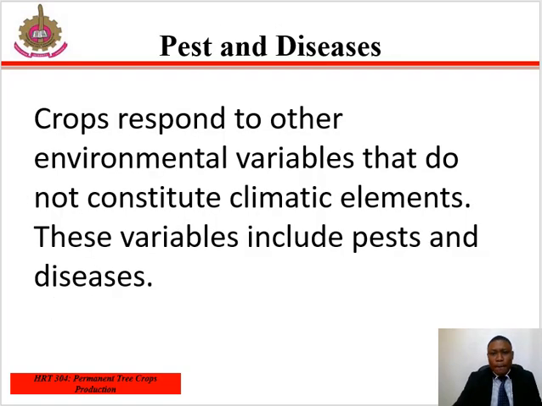Now we move to pests and diseases. Crops respond to environment variables that do not constitute climatic elements. These variables include pests and diseases. What are pests? Pests are small animals that damage crops either on the field while growing or during storage.